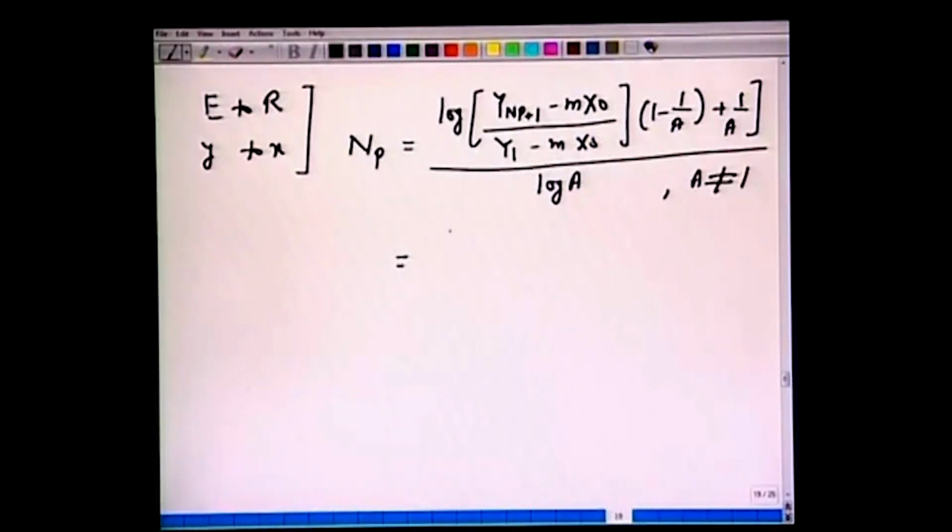And if A equals 1, we have simplified expressions: y NP plus 1 minus y1 over y1 minus m x0.